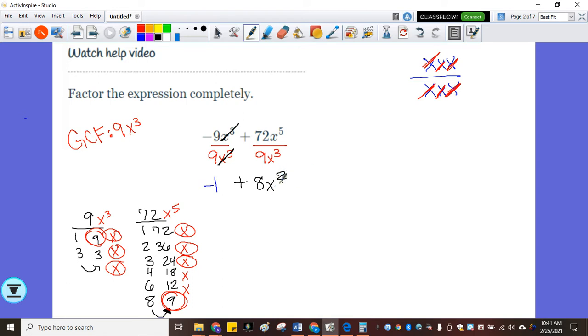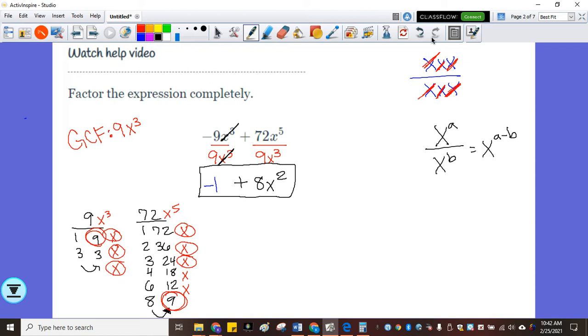You can always think of it like that, some on top, some on bottom, but it's just subtracting. 5 minus 3 is 2. So with variables and exponents, when you're dividing, you subtract. Remember that rule we talked about? You just subtract a minus b. So that's your greatest common factor example.